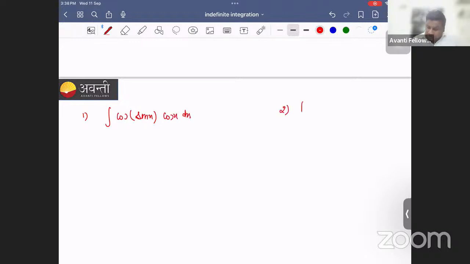And question number 2 is integration of x cos x upon (x sin x plus cos x) to the power 10 dx. Try it out, both of them. Quickly try.